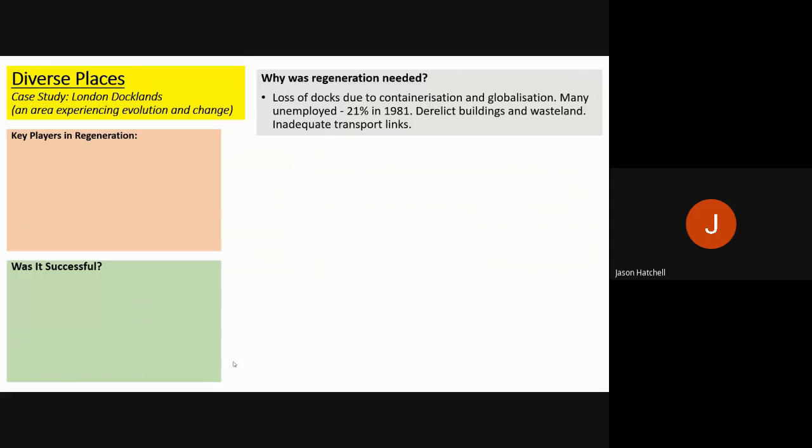So the London Docklands was a dock until the mid-1900s, when containerization by Malcolm McLean, that idea was brought into force, and also the impacts of globalization. And that led to a rise in unemployment, up to 21% by 1981. It led to derelict buildings and wasteland, and also inadequate transport links. So the area really needed a new identity and a new role in London.